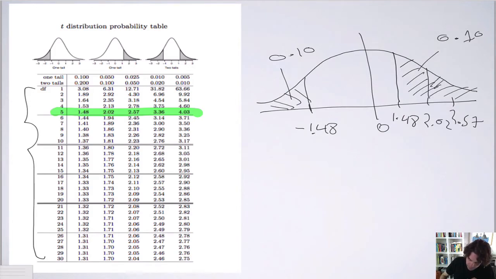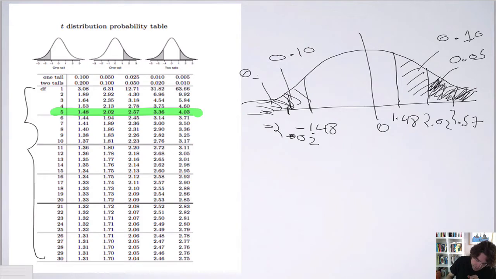So this area over here is 0.05, and the area to the left of negative 2.02 is also 0.05, etc. So the values that you see in the table are the values on the x-axis, and where it says one tail, two tail, those give you specific areas, and those x-axis values correspond to the different areas. So that's how you read this table.